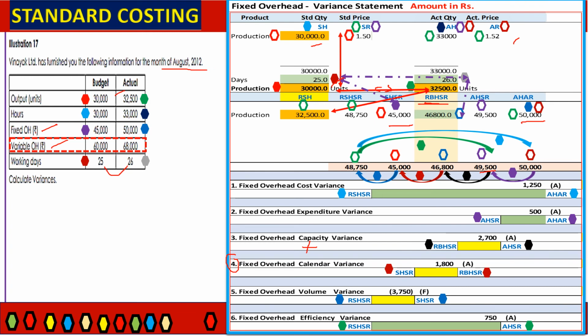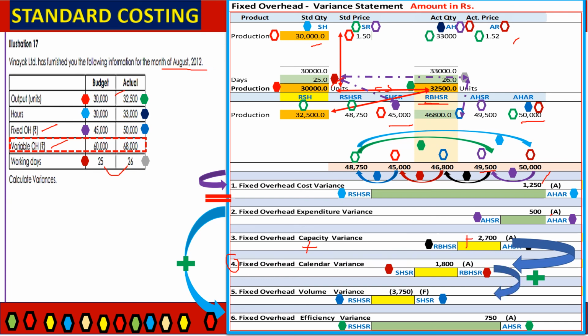Once that is done, it is only a matter of mechanical adding together. 500 plus 750 is 1,250. These two variances will match with each other. Similarly, 2,700 plus 1,800 is 4,500. 4,500 minus 3,750 is 750, which is equal to overhead efficiency variance.